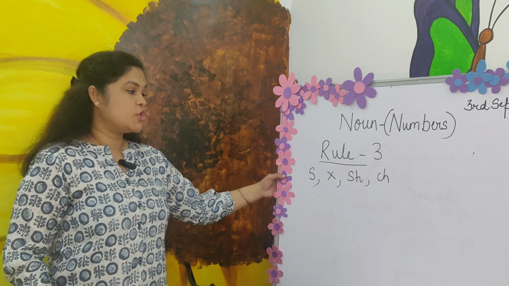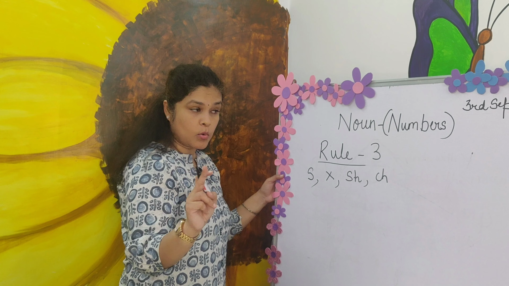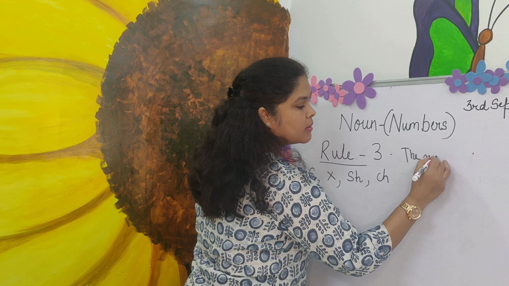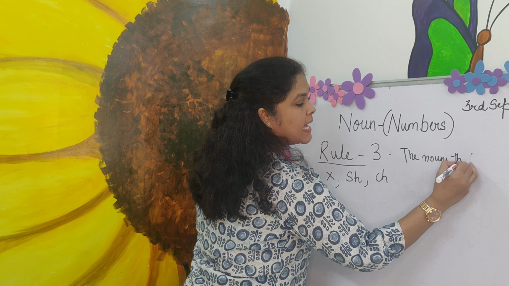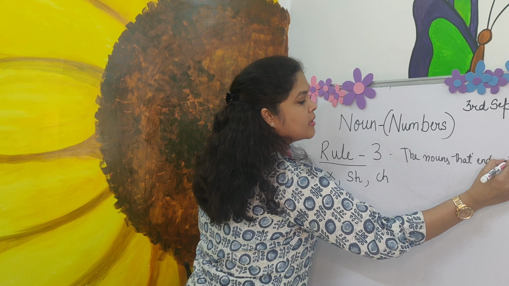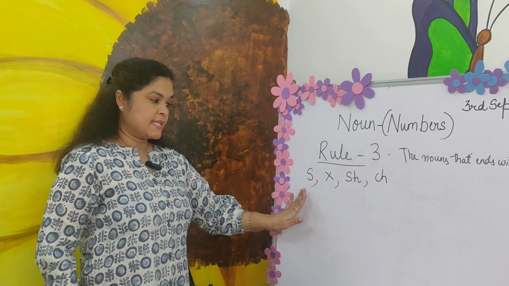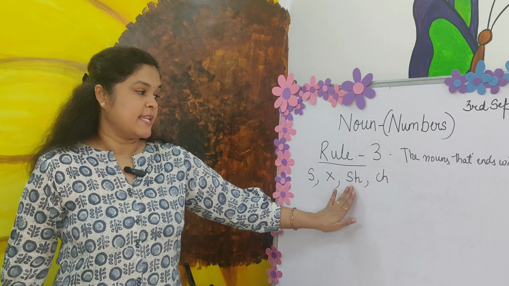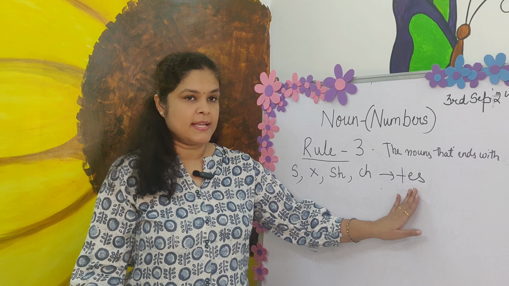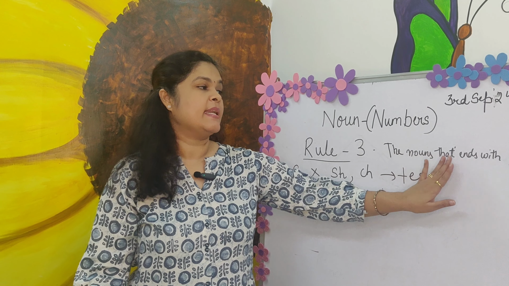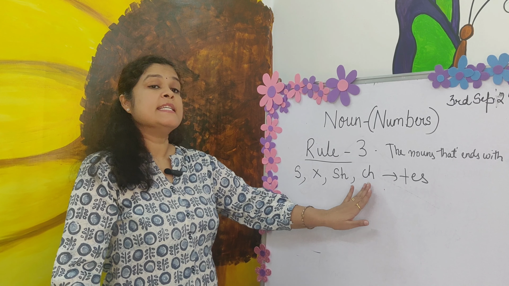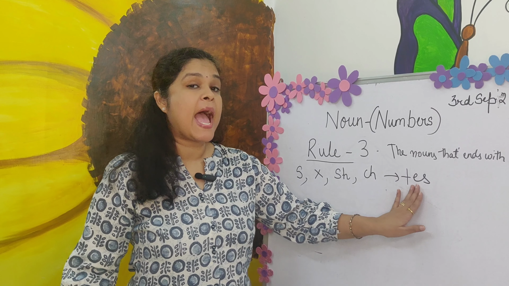The nouns that end with S, X, SH or CH. So we add ES to the nouns that end with S, X, SH and CH. We need to add ES.